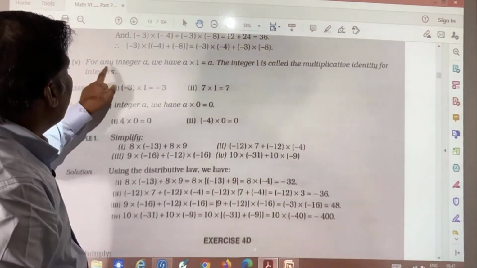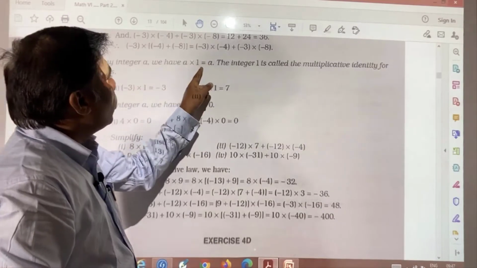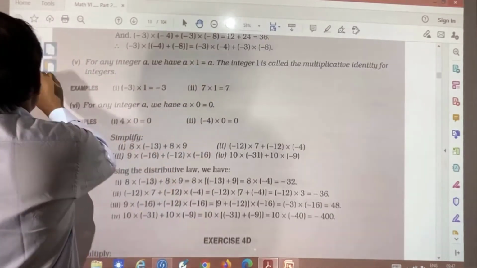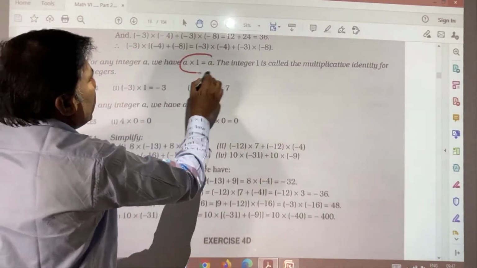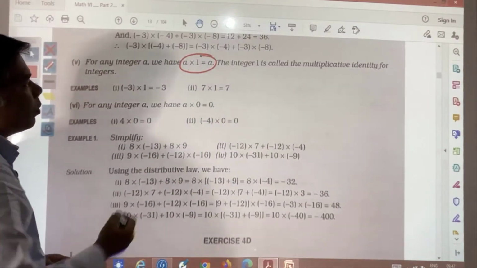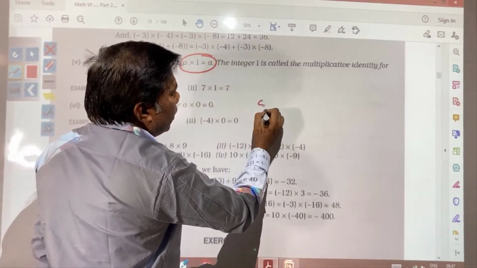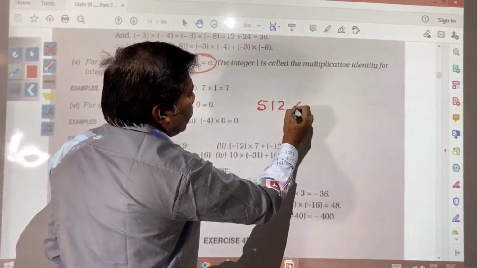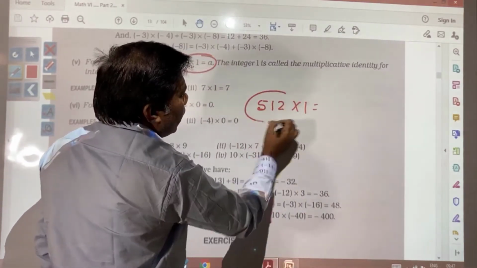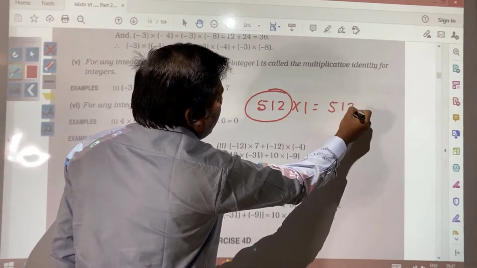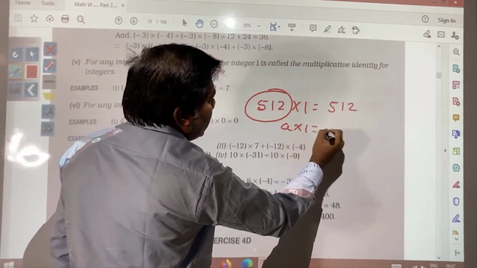Next we have, for any integer a, a into 1 is equal to a. Here also a few children make mistakes. If any number is multiplied by 1, suppose 512 into 1, the number will not change, it will be the same, 512. It means a into 1 is equal to a.